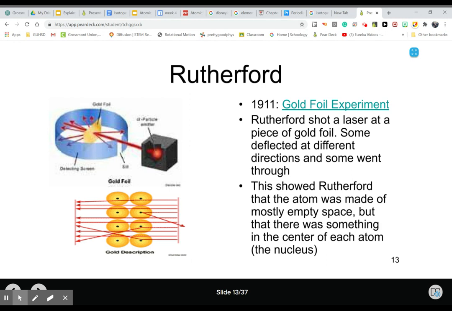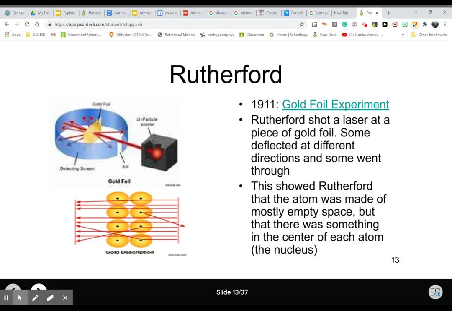But because some of those alpha particles were deflected, and the alpha particles were positive, the center had to have something positive in it. So the nucleus was in the center of the atom. So Rutherford is credited with discovering that the atom is made up of mostly empty space, and also with the discovery of the nucleus, that there's something small in the center.